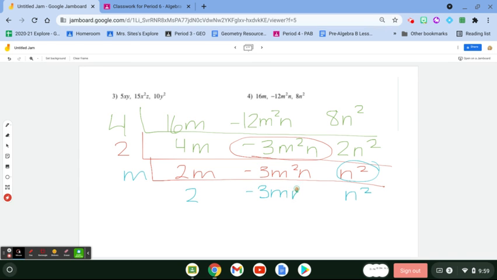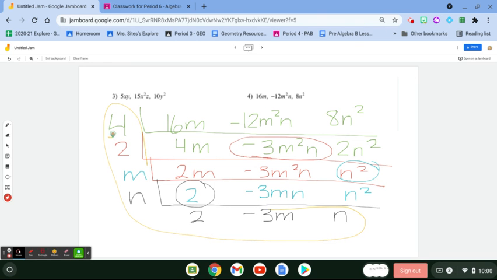Okay, same thing with the n's. Circling the first, bringing it down. Okay, and again, checking the last to see if there's anything in common to all three, or at least two of them. There's not, so I'm going to circle the L to get our answer.